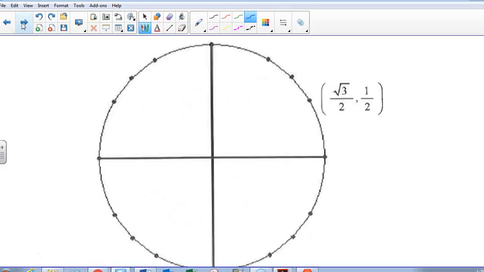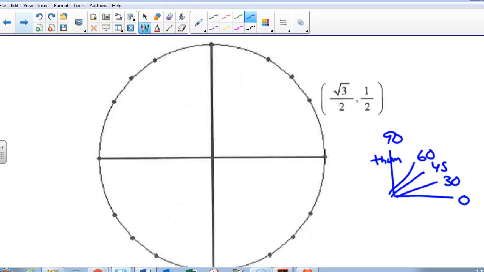Let me attempt to explain the 5-finger thing, but it's not going to work very well on the video because you can't see my hand. Okay. Here's my left hand. This is my thumb right here, because this is going to represent 0, 30, 45, 60, and 90.